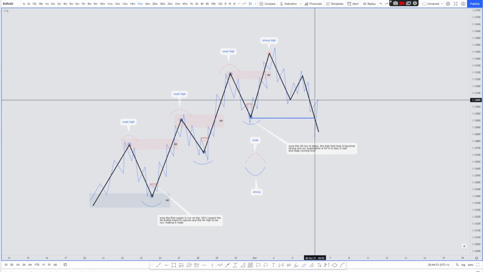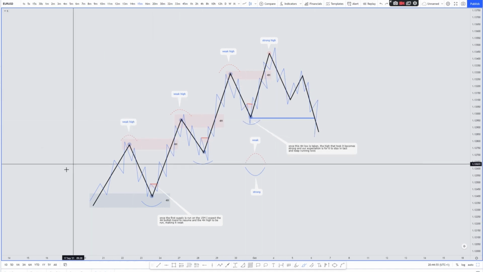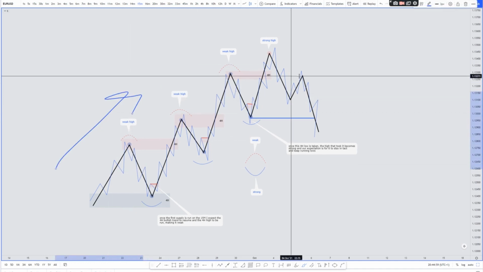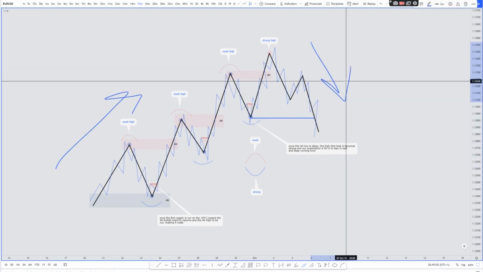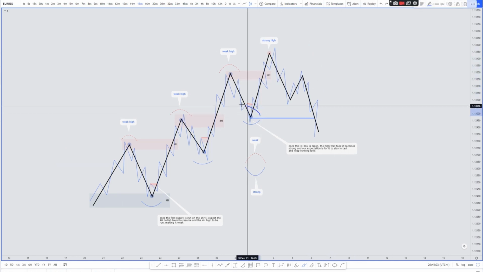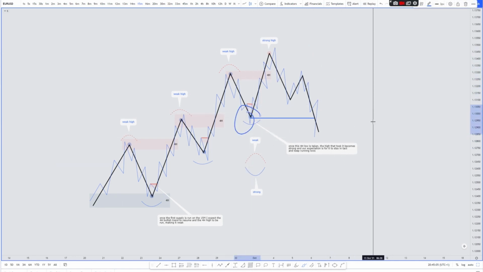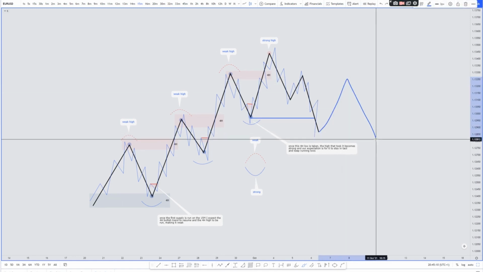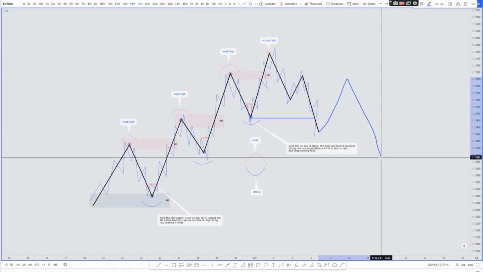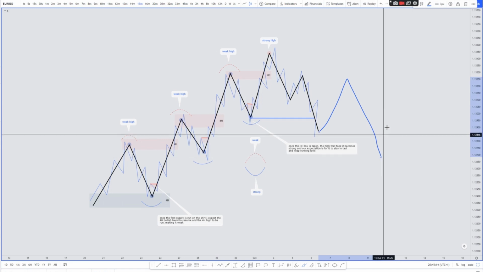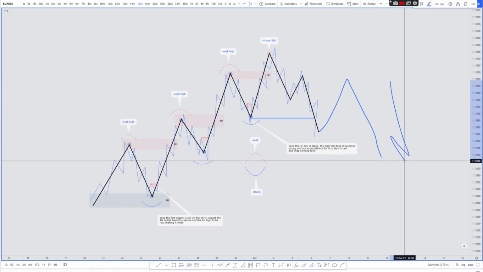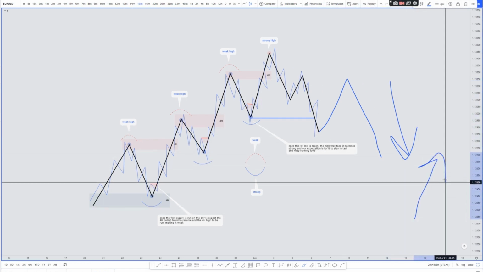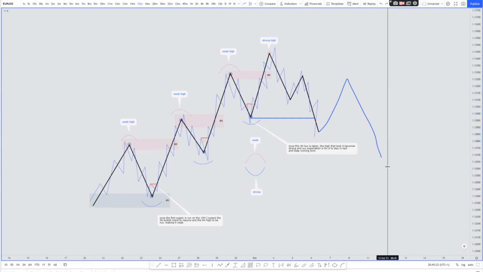Now if you align this with your higher time frame narrative, you always know that in a bullish trend, the impulses up are going to be longer and the impulses down are going to be shorter, until this happens, then the narrative switches. Obviously, the trend is not confirmed until we put in two lows, but once it is confirmed, we can assume that the trends down are going to be longer than the pullbacks up because we are bearish.